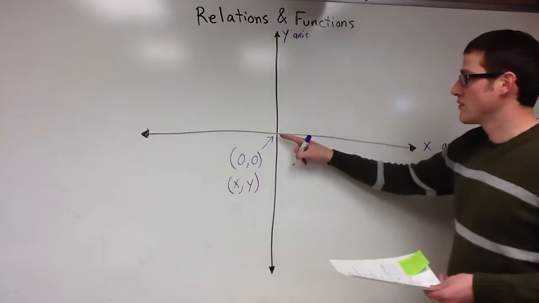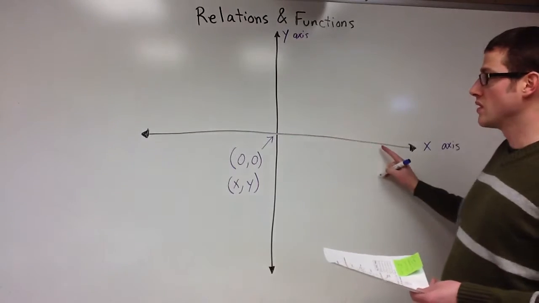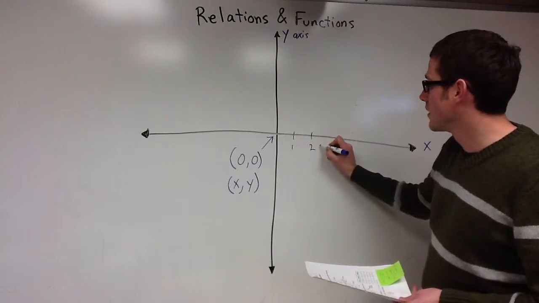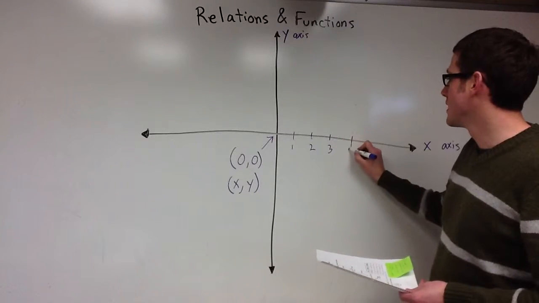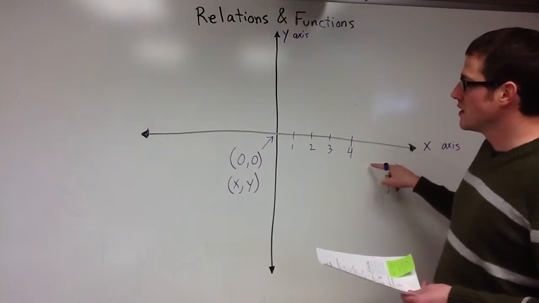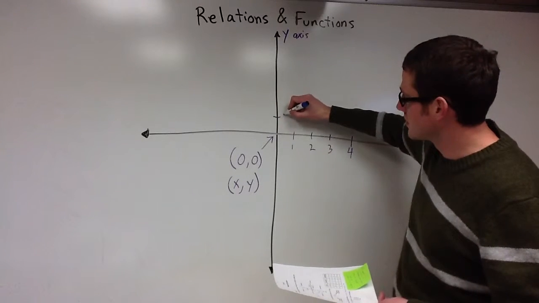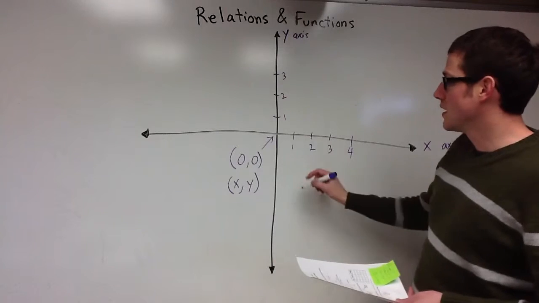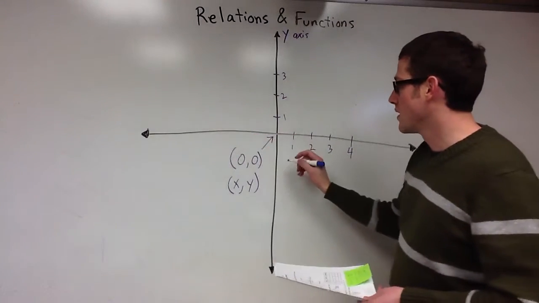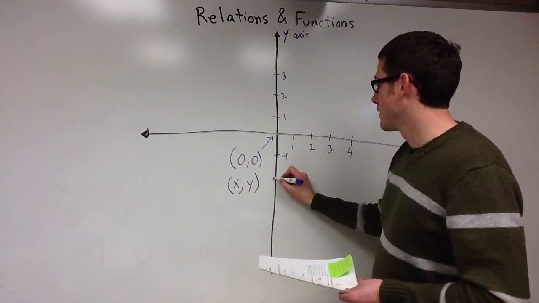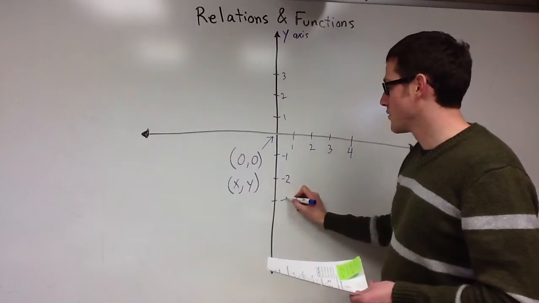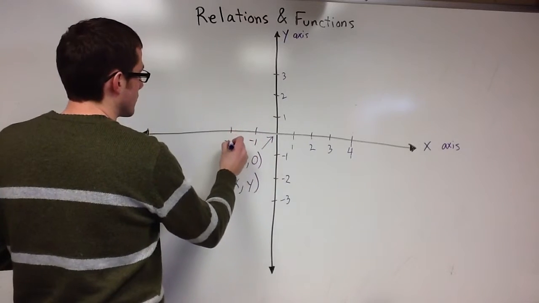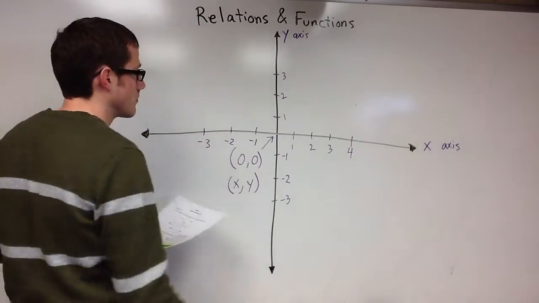So here we have 0, 0, and as we go to the right, we increase in a positive way on the x, and if we go up, we increase positively on the y-axis, and if we go down or to the left, we go in the negative direction. Okay?